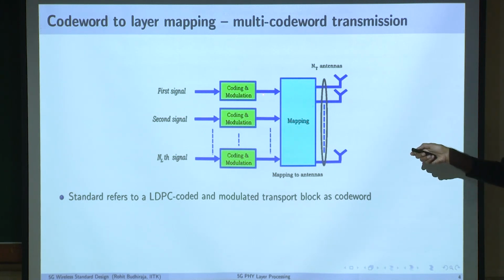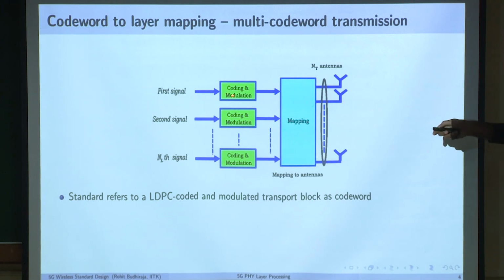Instead of taking one transfer block and demultiplexing it into 4 different layers, you don't have that now. From the beginning itself, you have 4 different layers, and you do the modulation, coding, and the complete physical layer chain for each one of them, then do the precoding and transmit over the antennas. That's also one architecture.